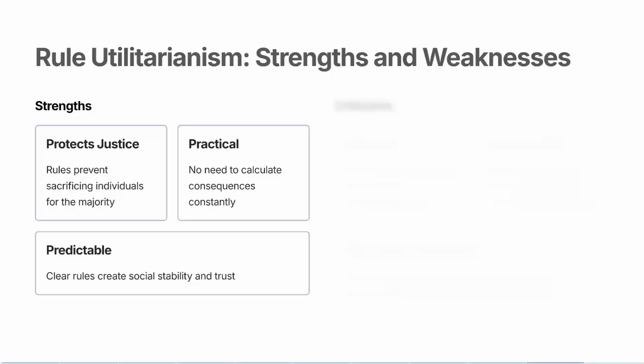You don't have to work out and calculate the consequences all the time because you're able to stick to a set of rules. And it becomes far more predictable because you're creating rules which create social stability and trust. So within the framework of those rules, you're able to start to predict what the likely future outcomes are going to be. You can say general, predictable ideas like, society will be more stable, people will have more trust in us.